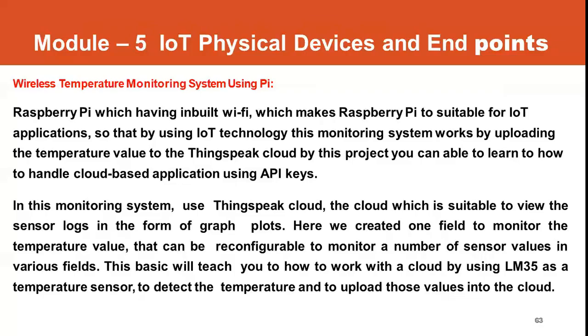Here, in the wireless temperature monitoring system, we need to read the temperature value regularly. The read temperature value is stored in the cloud environment. We shall see how to monitor the temperature.